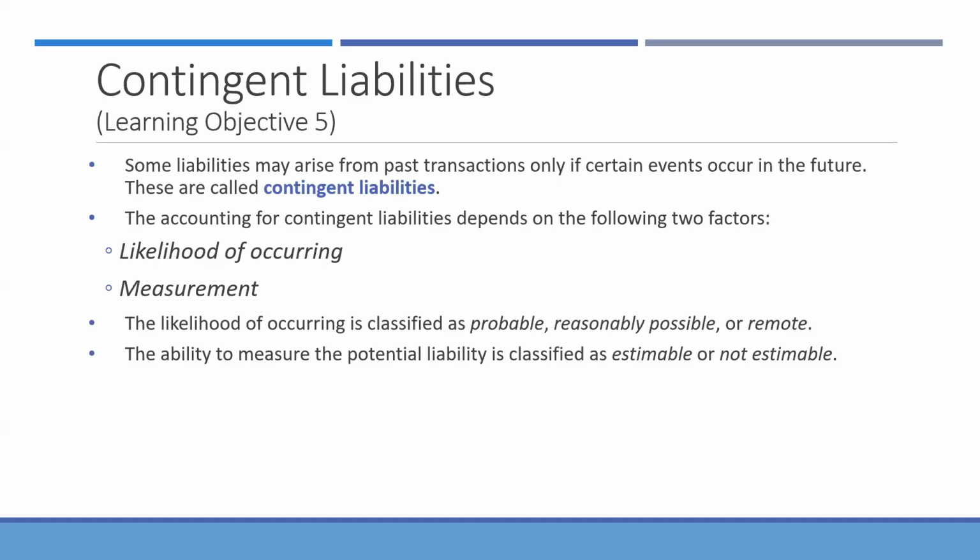So basically, is this event probable, reasonably possible, or remote? And then are we even able to estimate how much it's likely going to cost us or not? And that determines whether we accrue for it, whether we actually show an expense for it, or whether we disclose it, or if we do no disclosure and no accrual.